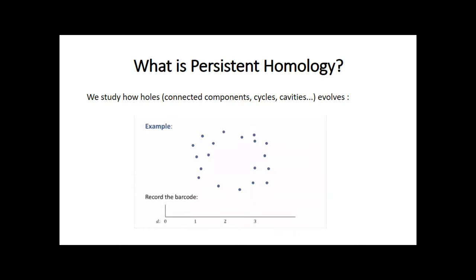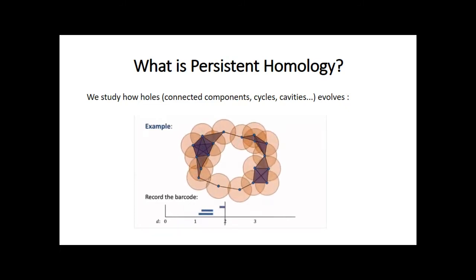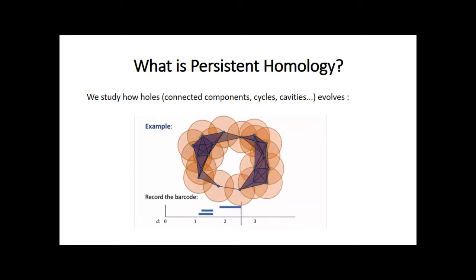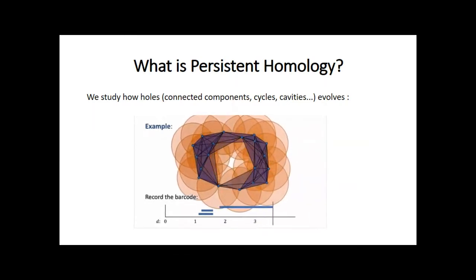As you will see, we will have one parameter, in this case the radius of a ball, and we will create a geometrical entity, and when cycles appear, you write it down in what is called a barcode.